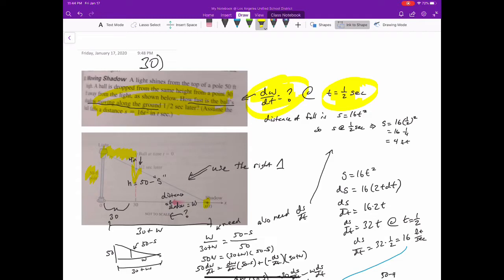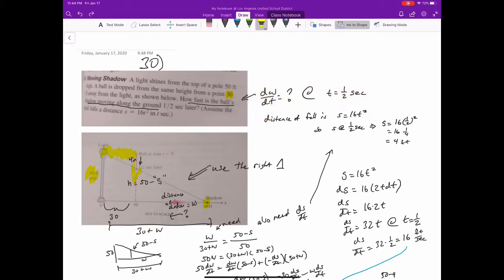Assume the ball falls a distance of s = 16t² in t seconds. A couple things we'll start working on.